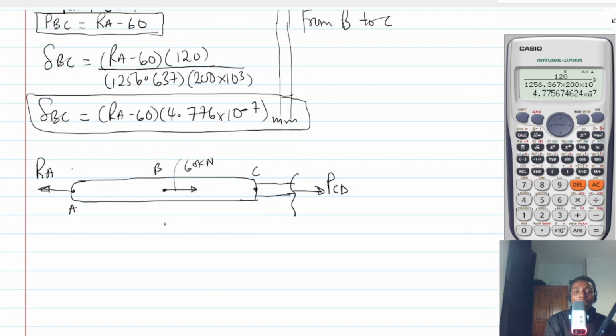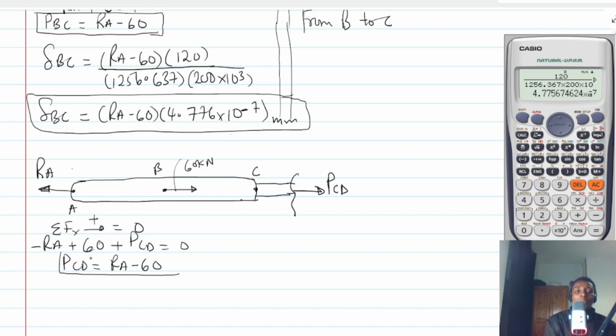So if I cut between C and D, then I have PCD. Again, let's do some sort of force balance. In fact, it will just be the same as BC, because if I sum forces, every force here to be positive should be 0: minus RA plus 60 plus PCD equals 0. We can say that PCD will be RA minus 60.